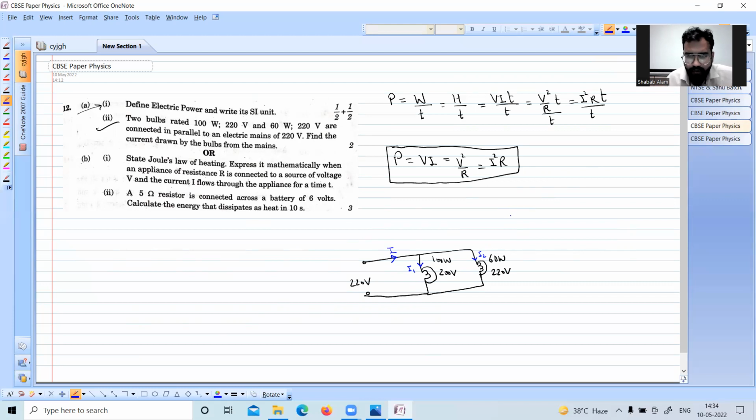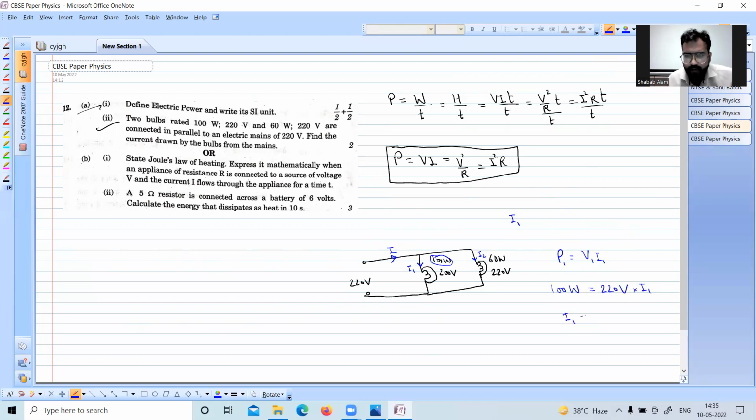If I talk about the I1 part, first we have to see the formula of power, because the power term is given, 100 watt. So we are going to use the formula of power only. P1 is equal to V1 I1. P1 is 100 watt, which is equal to 220 volt of supply into I1.